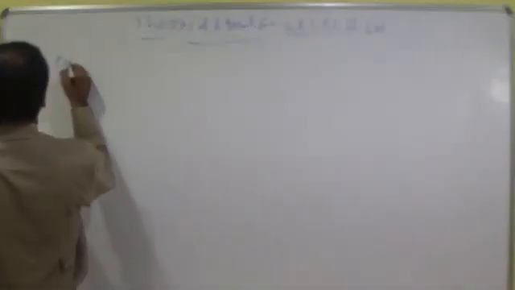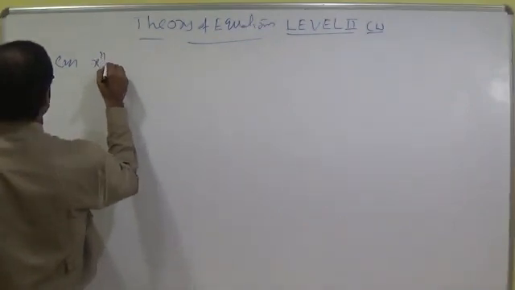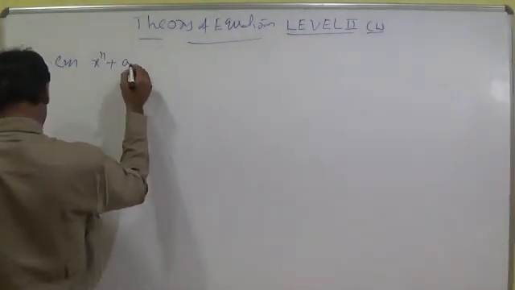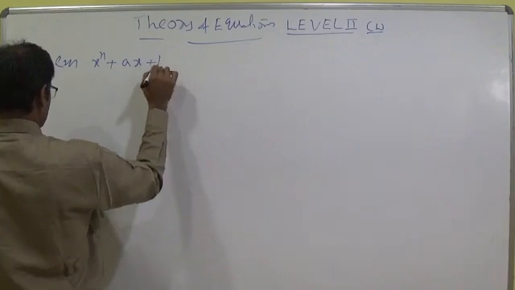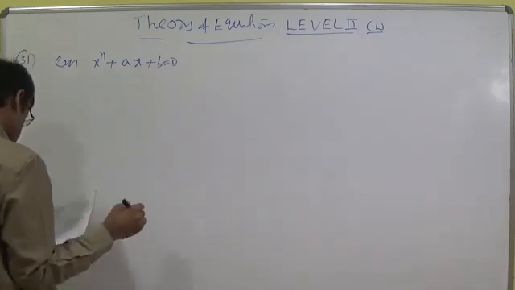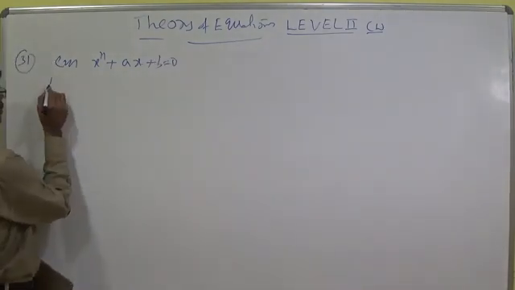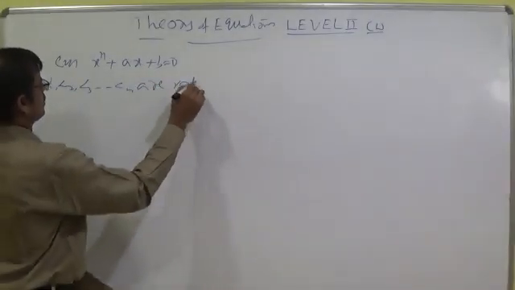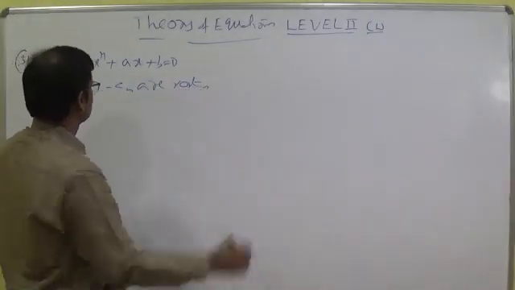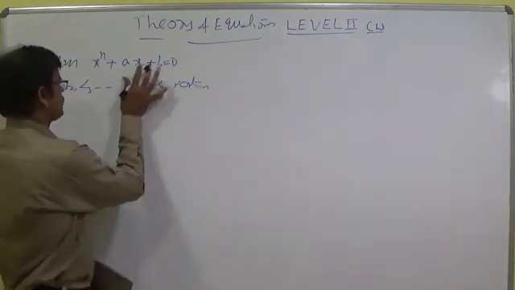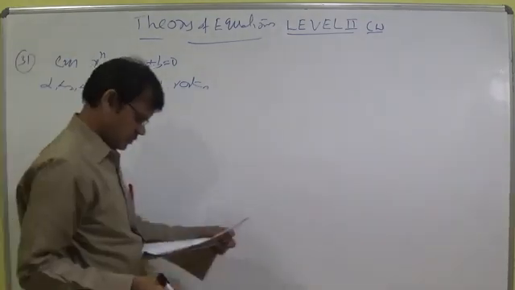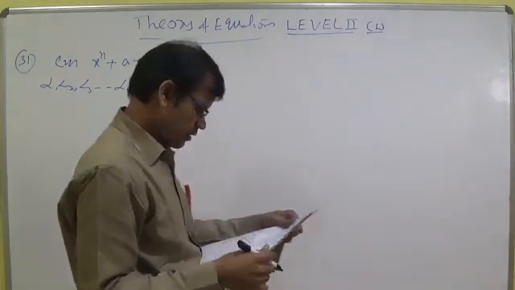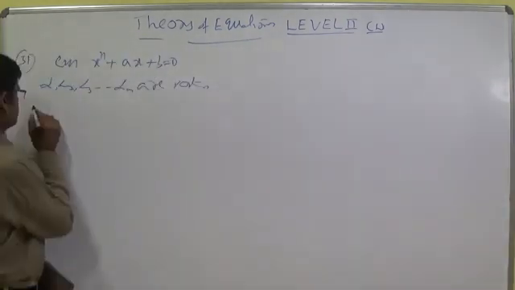The polynomial equation is given as x power n plus ax plus b equal to 0, and alpha 1, alpha 2, up to alpha n are the roots of this polynomial equation.